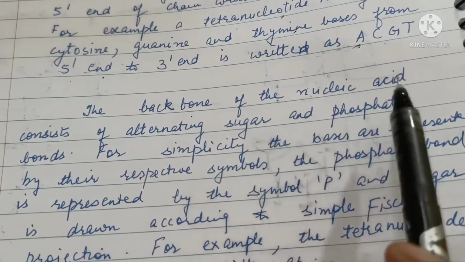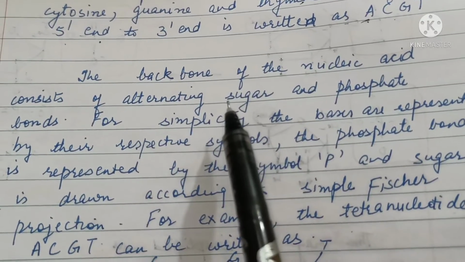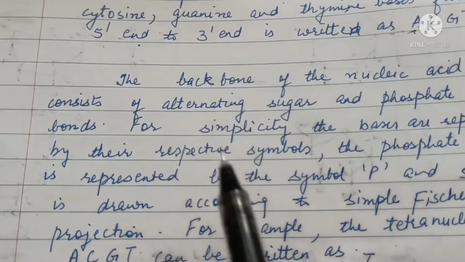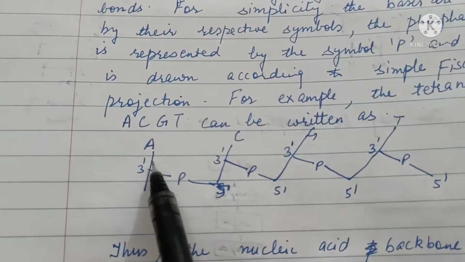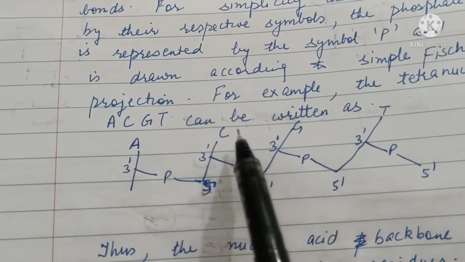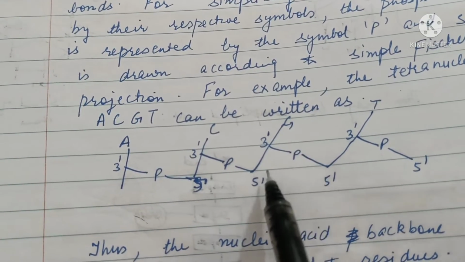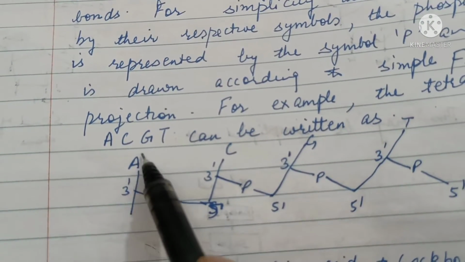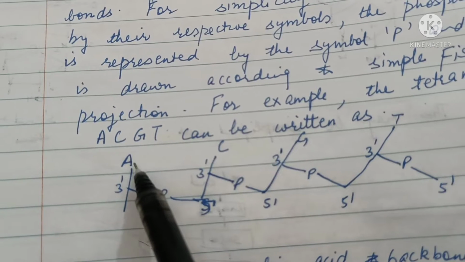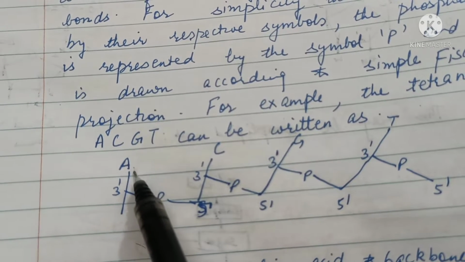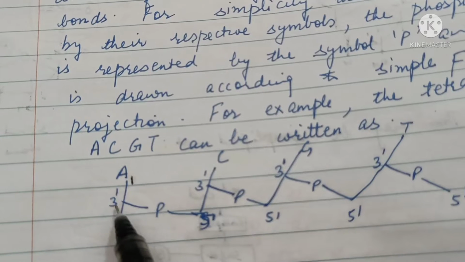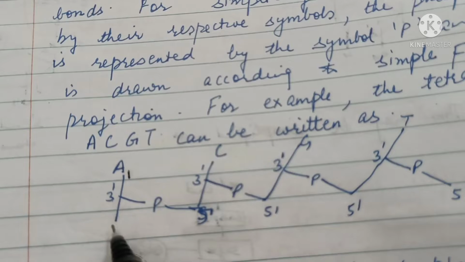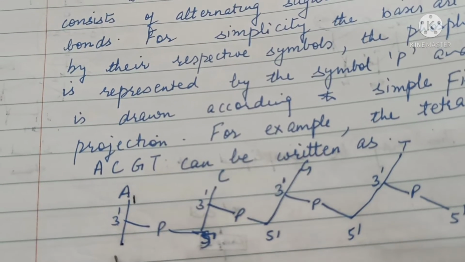The backbone of nucleic acid will contain alternating sugar and phosphate bonds. This is the backbone. So this is a sugar molecule, then phosphate, then sugar, then phosphate, then sugar, then phosphate, and so on. The nitrogenous base adenine is attached to this sugar molecule through its carbon atom number 1. At its carbon atom 3, it is attached to a phosphate, and at 5, it is again attached to phosphate.